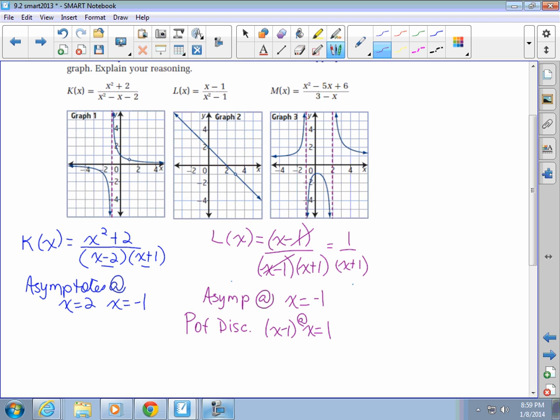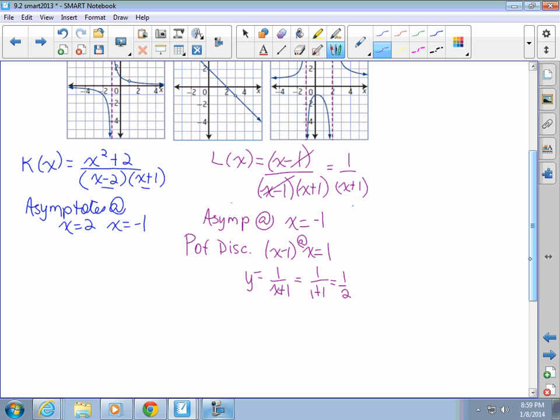To find out what my y value is, I substitute into what I'm left with, that 1 over x plus 1. So this is 1 over 1 plus 1, so that's a half. So my point of discontinuity then is going to be at 1 and 1/2.